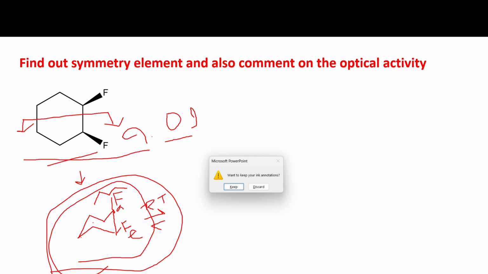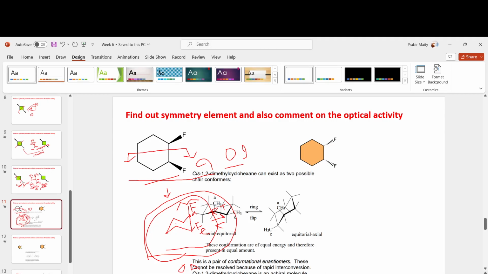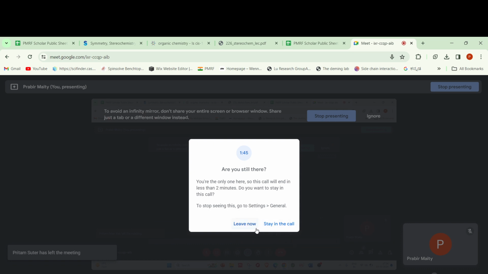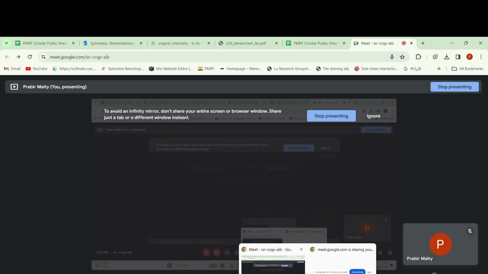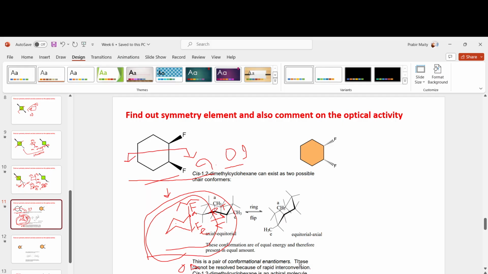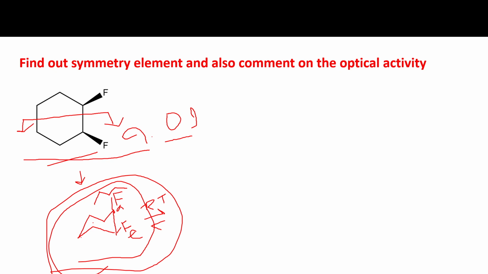But this form can be changed easily to get another form, and they are not easily resolvable.